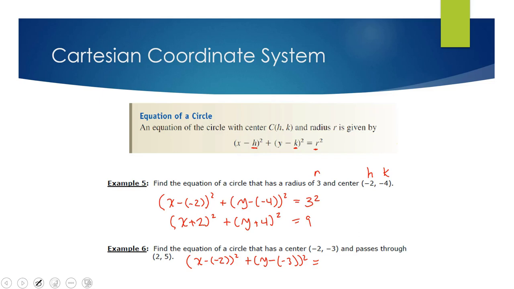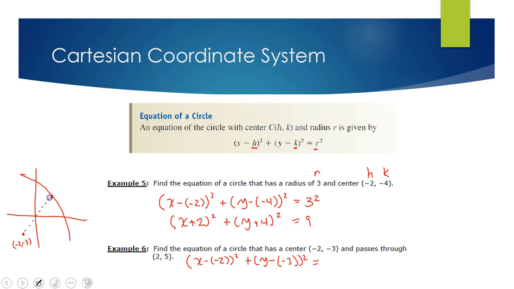They're telling us that the circle passes through 2, 5. So basically what they're saying here is, okay, and I'm not going to draw it super well. We have negative 2, negative 3 as the center of the circle. So this is negative 2, negative 3. At 2, 5, the circle is passing through there.